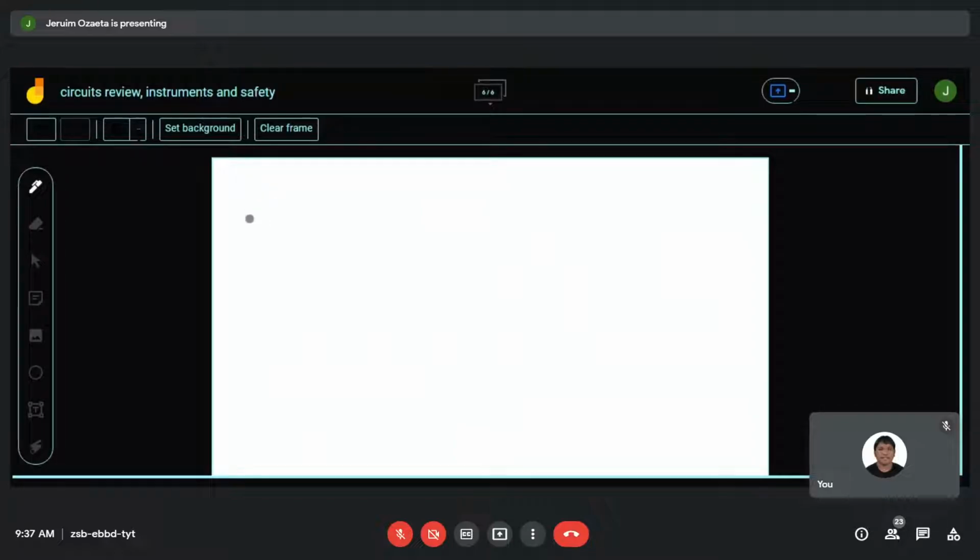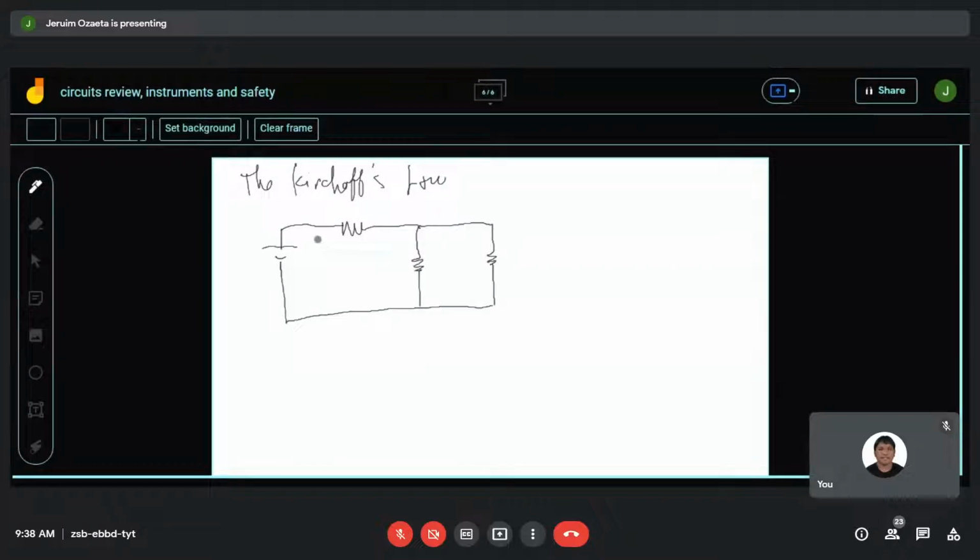Now we have Kirchhoff's law. If this is the same source, let's say R sub 1, R sub 2, R sub 3, this is A. We can designate I sub 1, I sub 2, I sub 3.